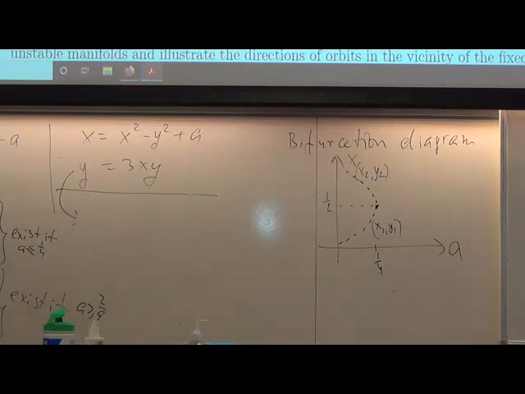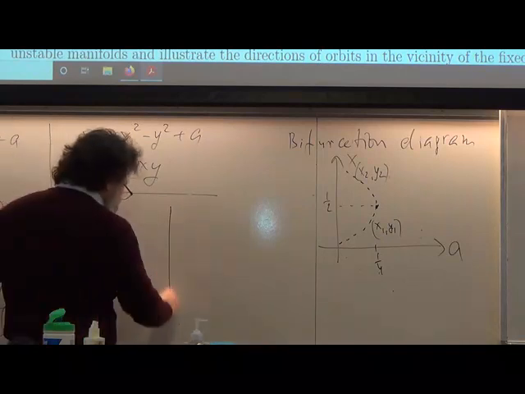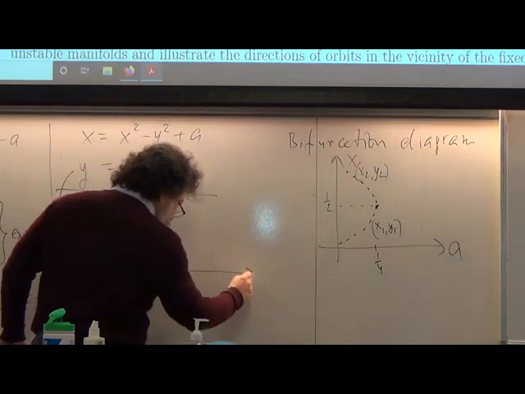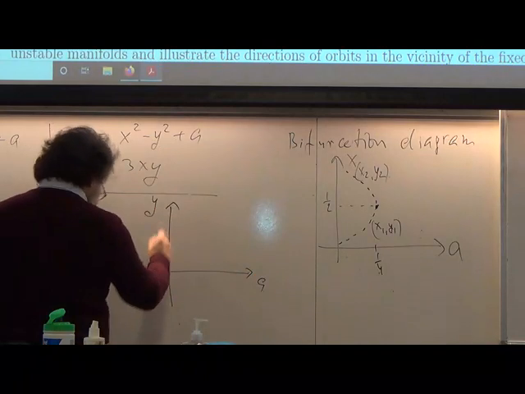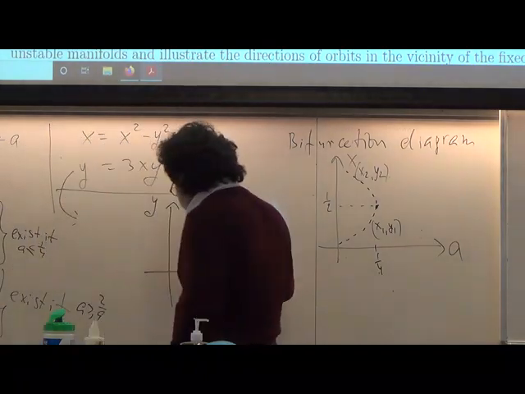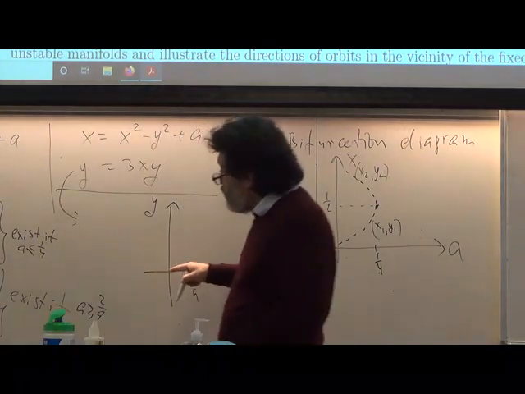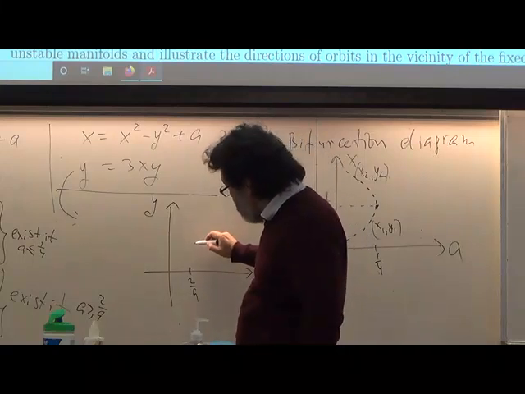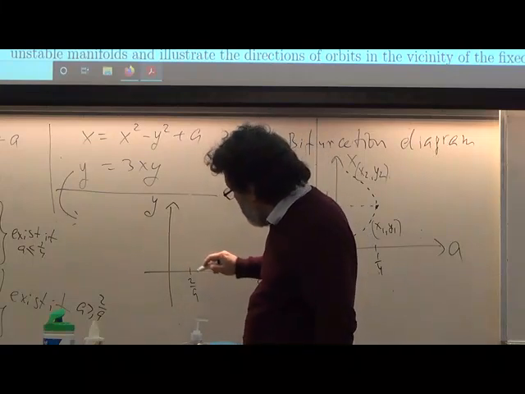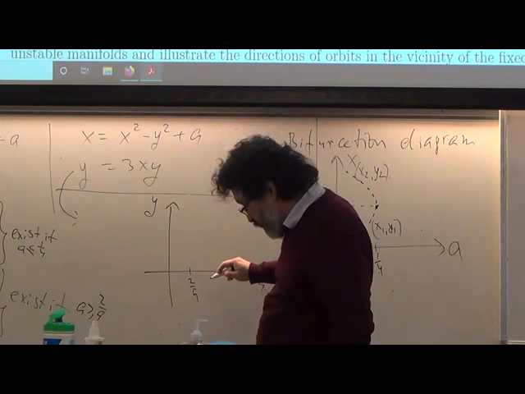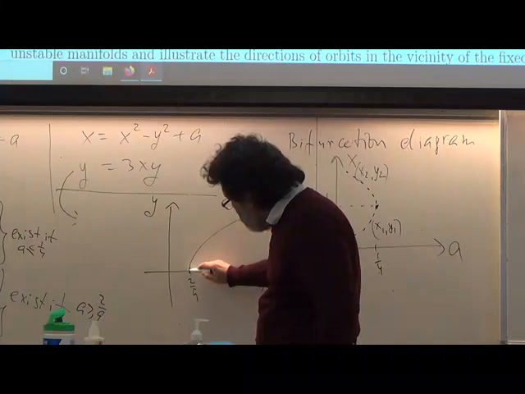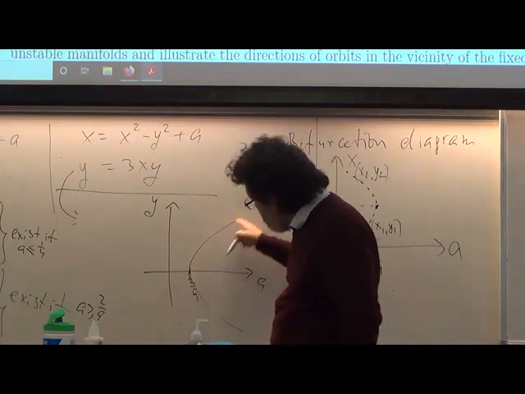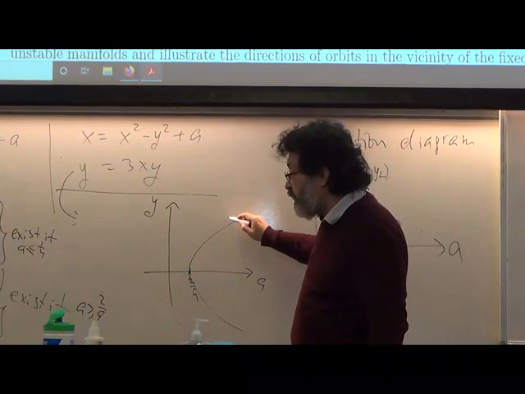And here it is the same kind of story. So this is another bifurcation diagram. Now x is constant. E, y. So this is 2 over 9. When E equals to 2 over 9, y1 equals y2 equals 0. So this will be something like this.